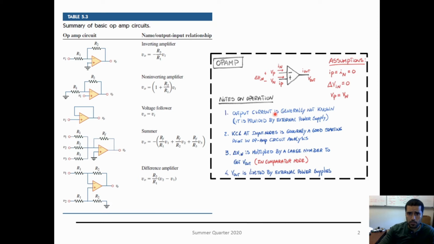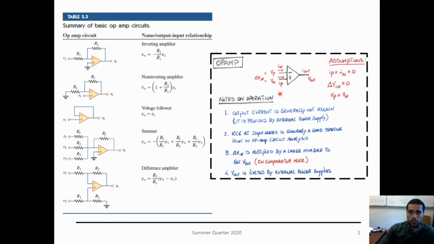Some other things we need to know really quick: the output current is generally not known, so normally you don't know the current going out unless you apply a load to your circuit. You apply KCL at the inputs of your circuit, for example here or here, in order to find the equations.